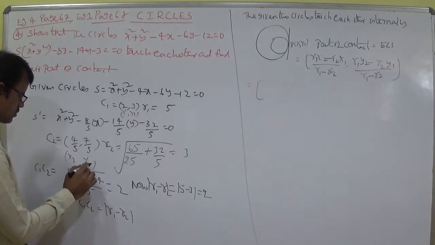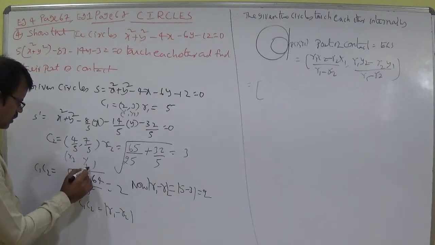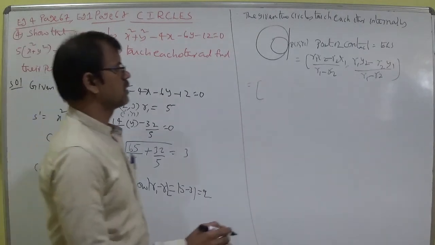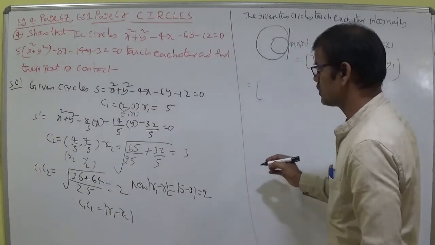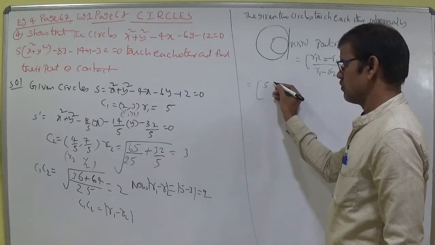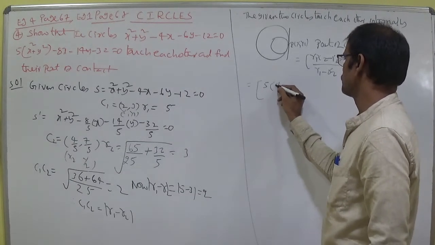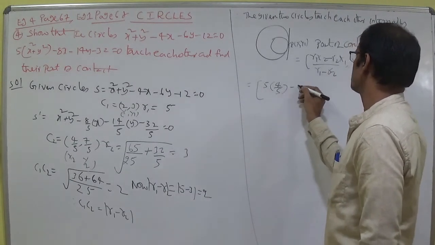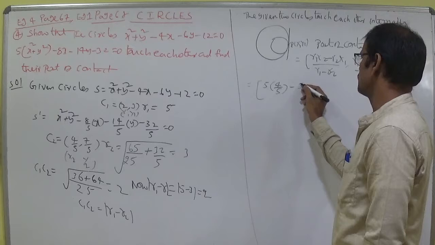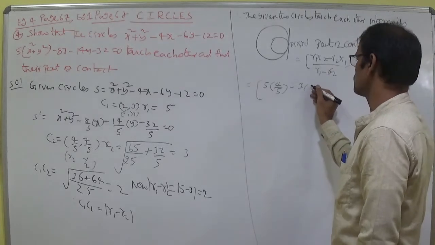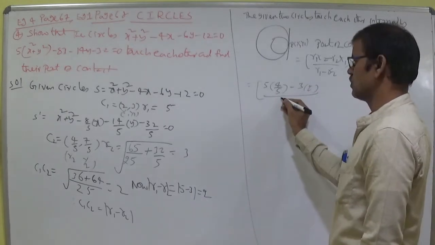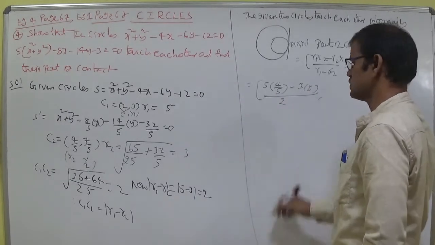Substitute the values here: 5 into 4 by 5 minus R2, which is 3, into x1, which is 2, by R1 minus R2. 5 minus 3 is 2.